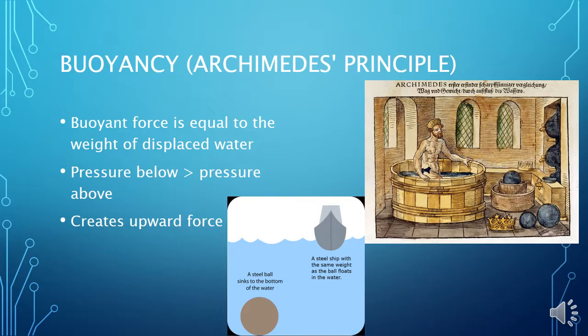So he fills it up right to the rim, and he gets in, and all of a sudden all this water flows out over the sides, and he's all mad because now he has to clean up all this water. And then he's like, no wait, I just discovered a law of fluid dynamics, and he jumped up and went, Eureka, I know how to make boats float and stuff like that. But not exactly how it went.